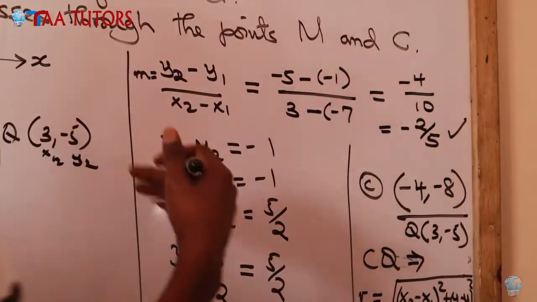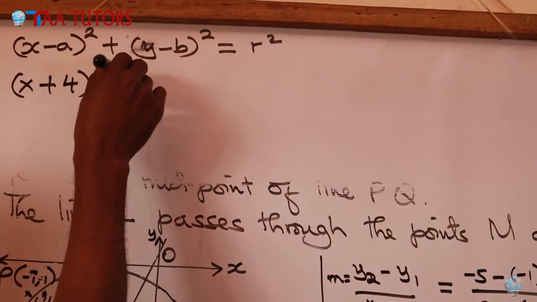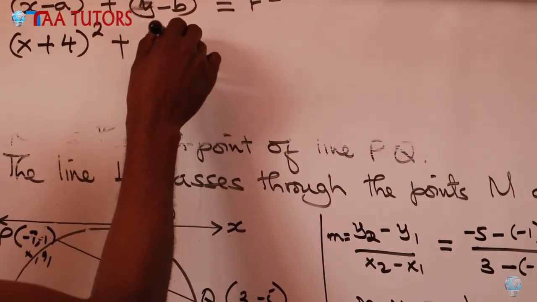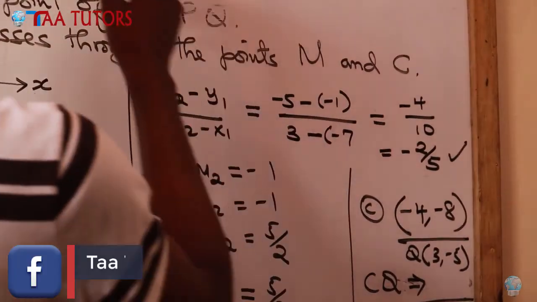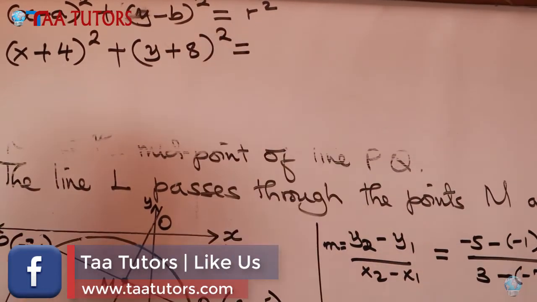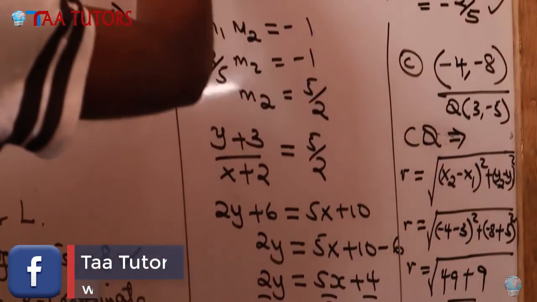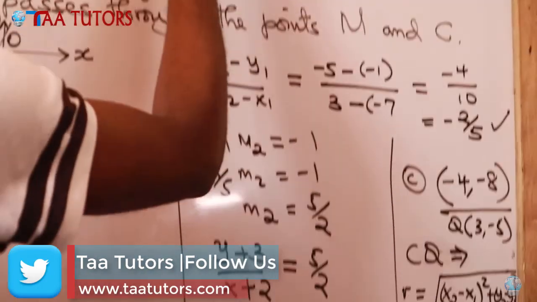So x minus -4 will be x plus 4 squared, plus y minus -8 is y plus 8 squared, equals the radius, which is the surd of 58 squared.